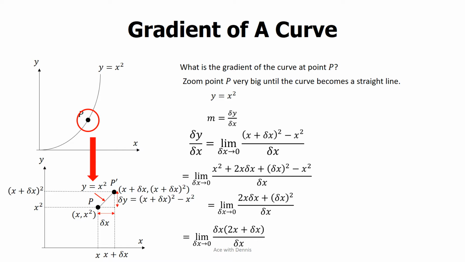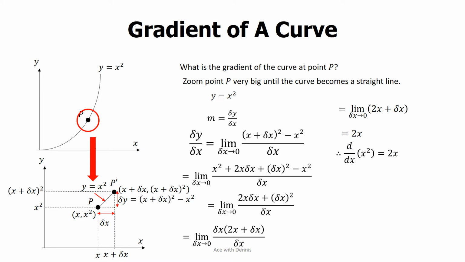Then we can factorize delta x, so it will be delta x (2x plus delta x) over delta x, and we can cancel the delta x. It will equal the limit as delta x approaches 0 of 2x plus delta x. And since delta x is close to 0, delta y over delta x equals 2x.